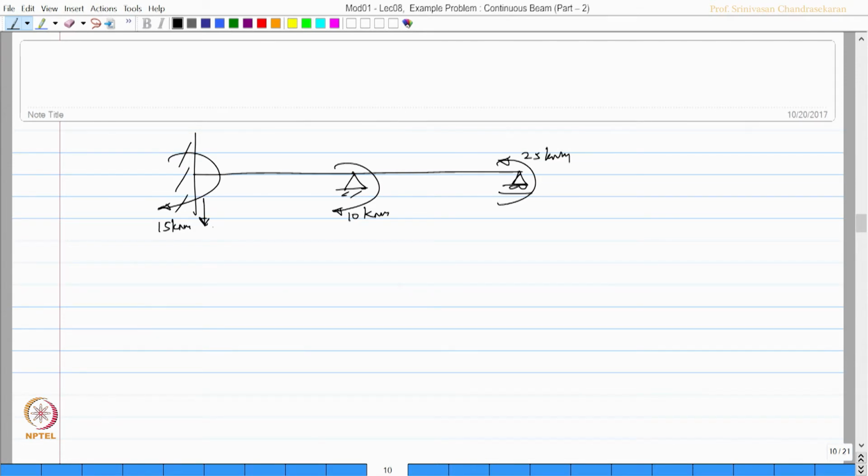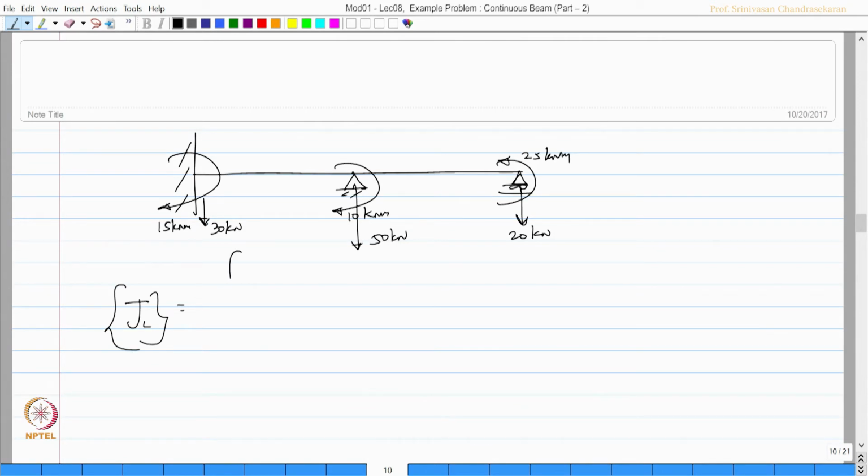This is downward 30 kilonewton, this is also downward 50 kilonewton, this is downward 20 kilonewton. Let us compare this with our standard and enter the joint load vector.